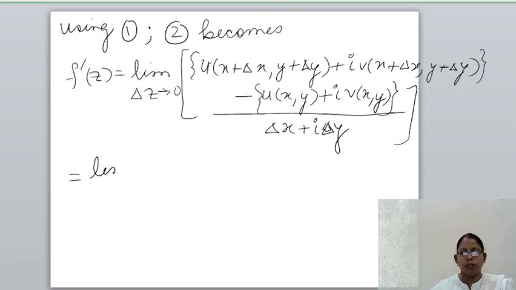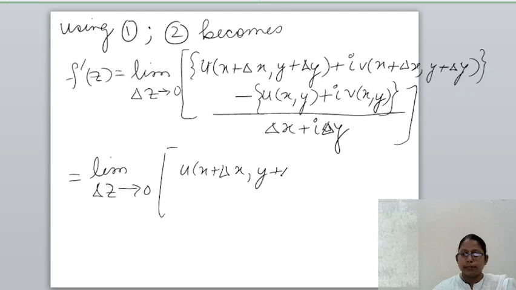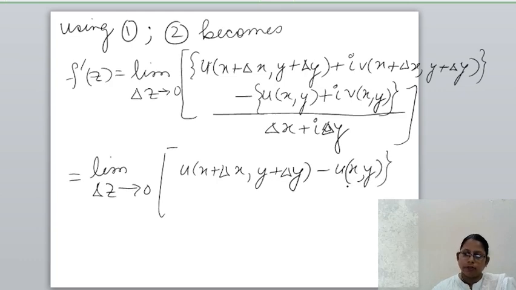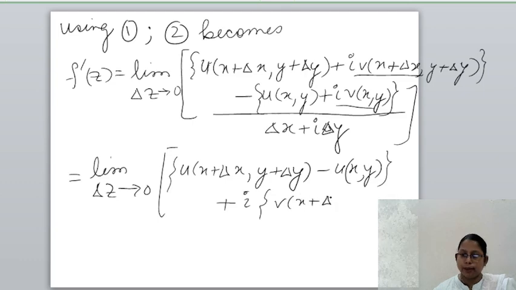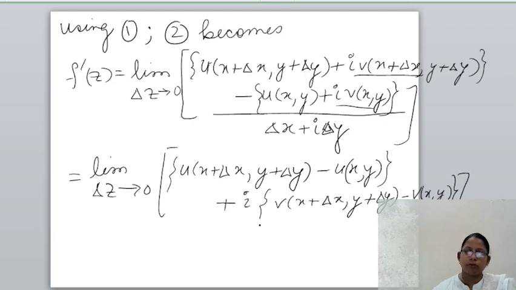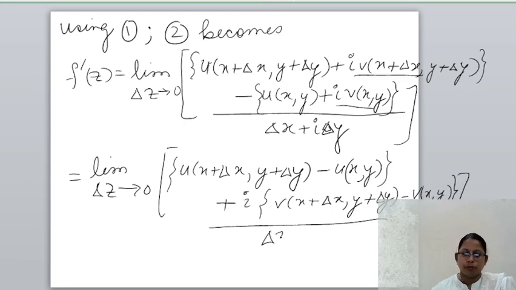This will be equal to limit delta z tends to 0, [u(x plus delta x, y plus delta y) minus u(x,y)], then from this term take i common, plus i [v(x plus delta x, y plus delta y) minus v(x,y)], put in the denominator delta x plus i delta y. Call this equation 3.